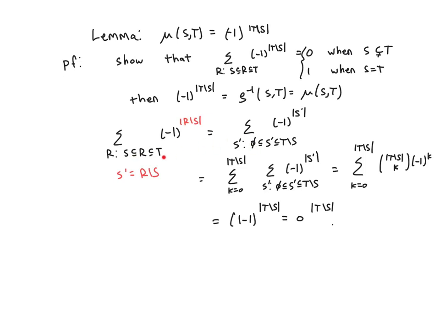And so there's a bijection between these two collections of subsets I'm summing over. Moreover, negative 1 to the size of R take away S is negative 1 to the size of S prime under this bijection. So these two summations are the same.